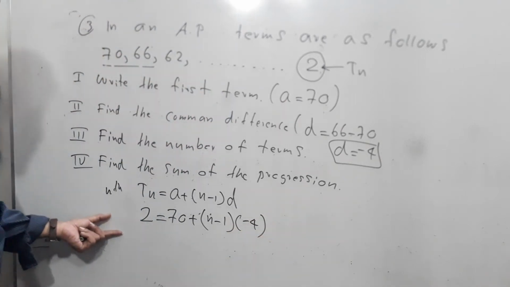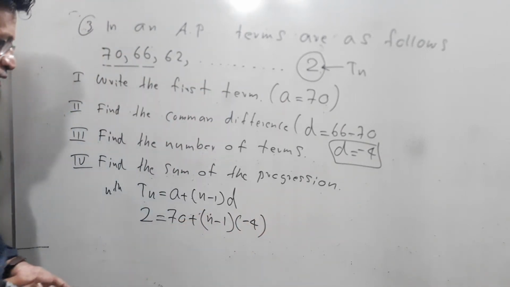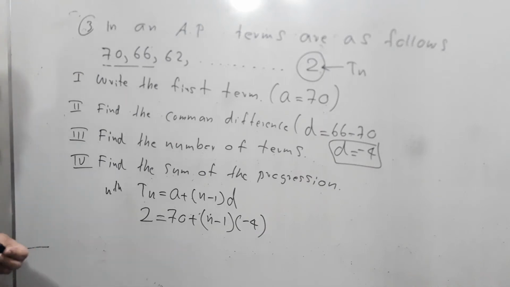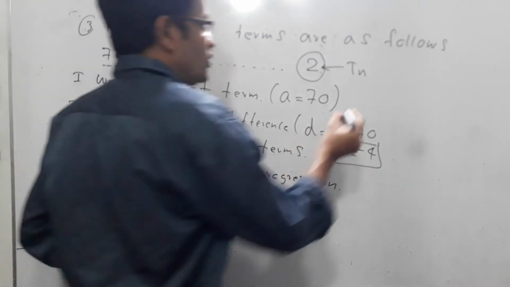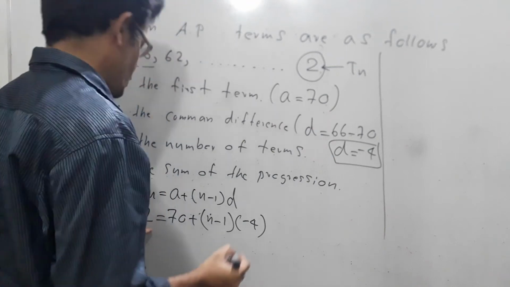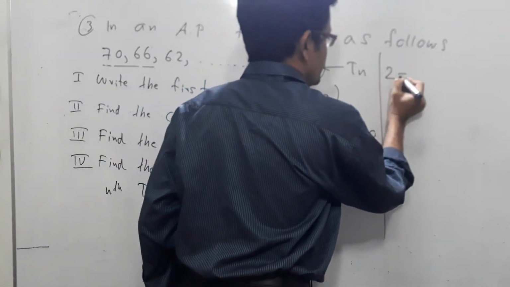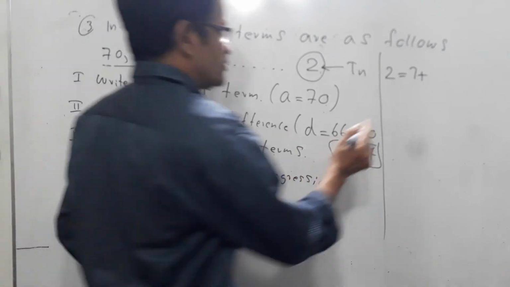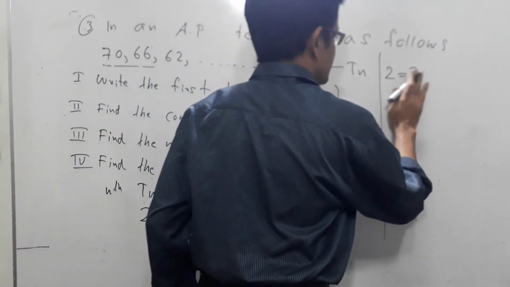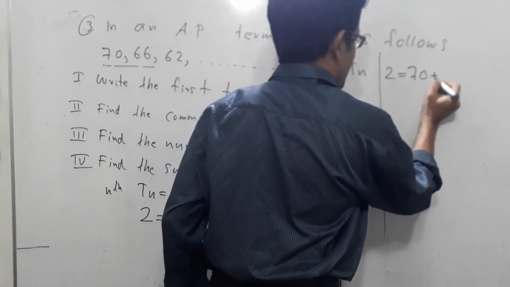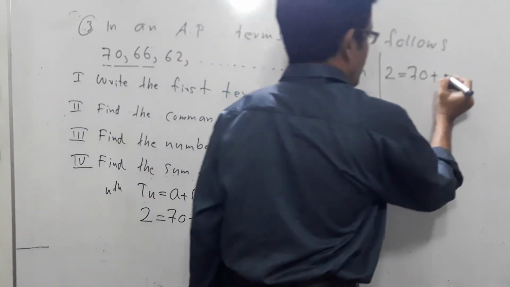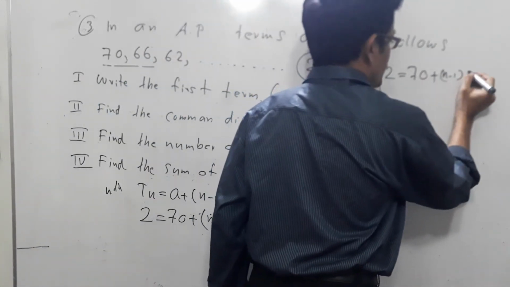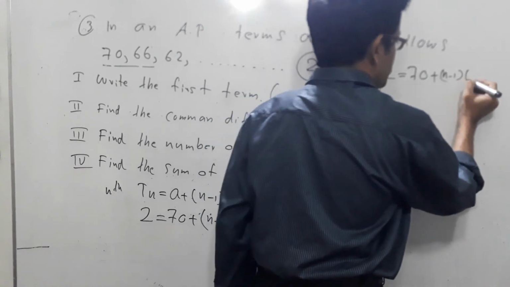Now we have to simplify this and we can find the value of n. Clear? So this formula I can write it here again. 2 equal 70 plus n minus 1 into minus 4.